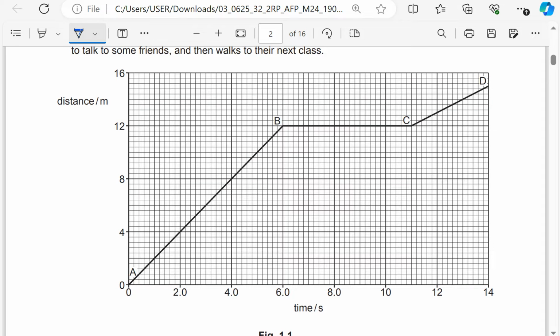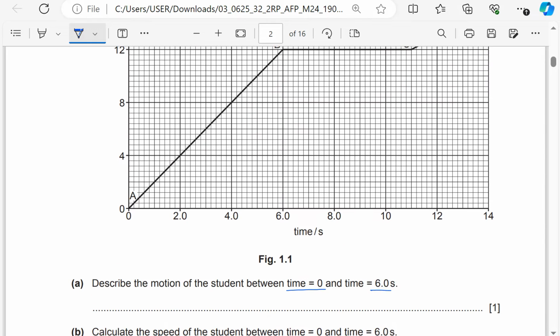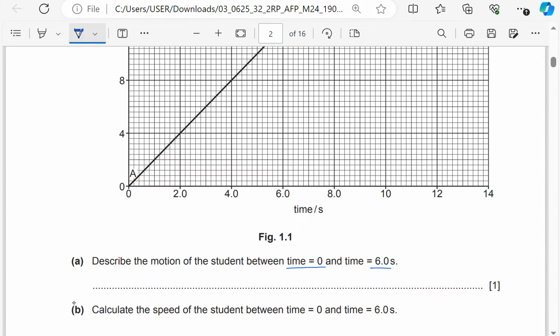In the first part, you see it is a straight line. And remember, the gradient of a distance-time graph is the speed. And a straight line means the speed is constant or the acceleration is 0. So we can say between 0 and 6 seconds, the student is walking with a constant, steady, uniform speed or 0 acceleration. I can use steady to mean constant, and uniform to mean constant.